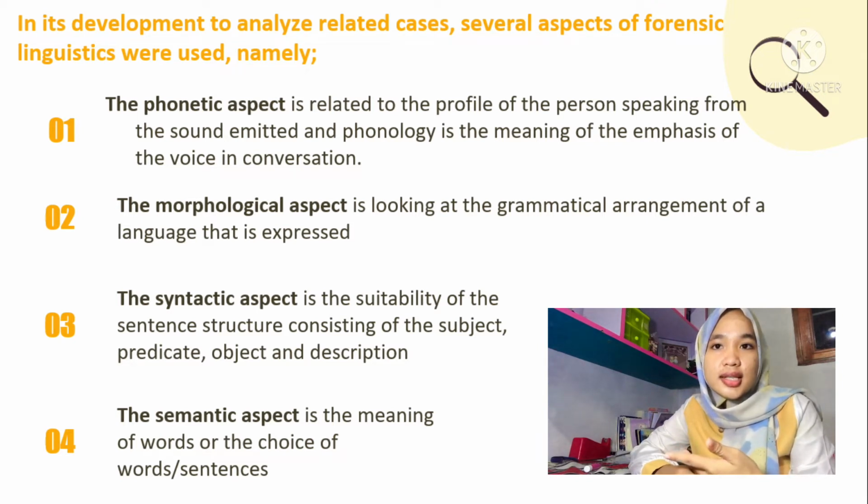The third is the syntactic aspect. It is the suitability of the sentence structure consisting of the subject, predicate, object, and description. The fourth is the semantic aspect. It is the meaning of the word or the choice of word or sentence.